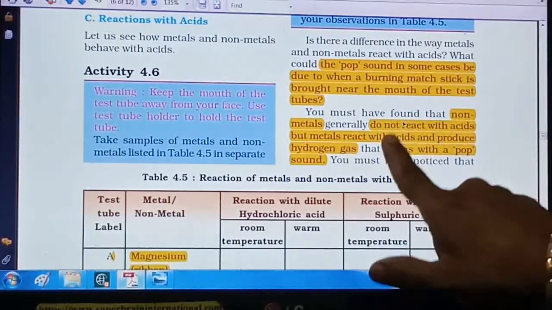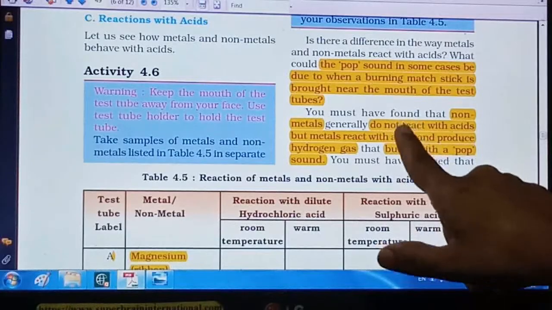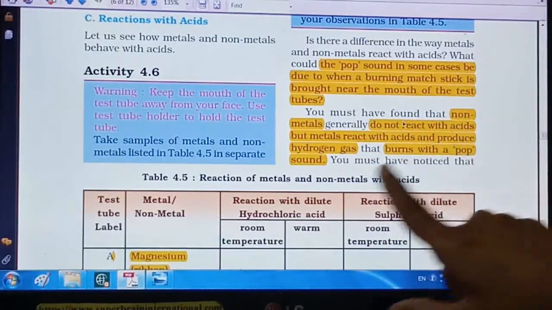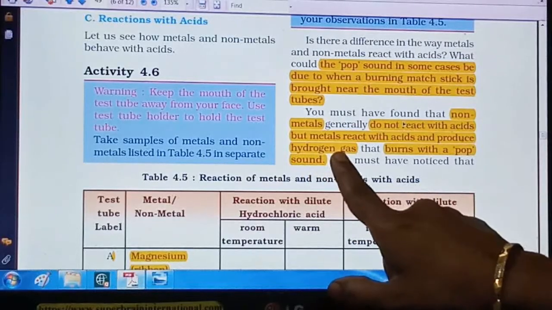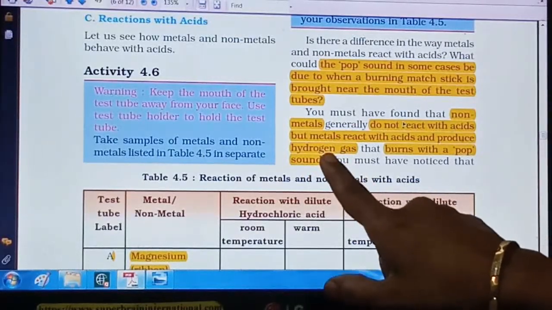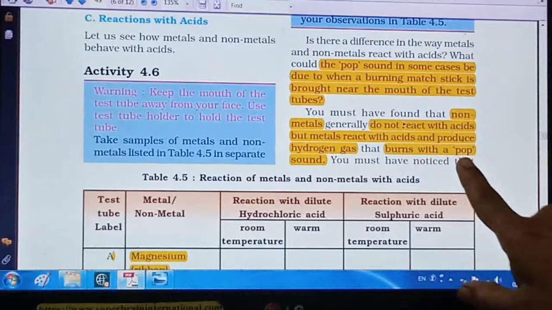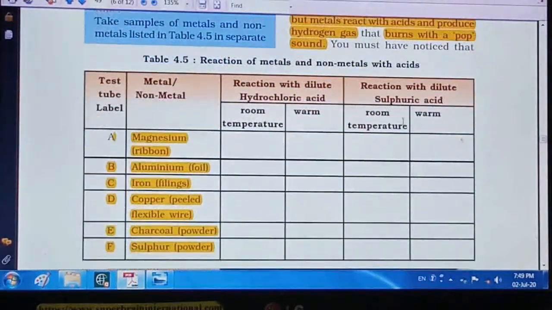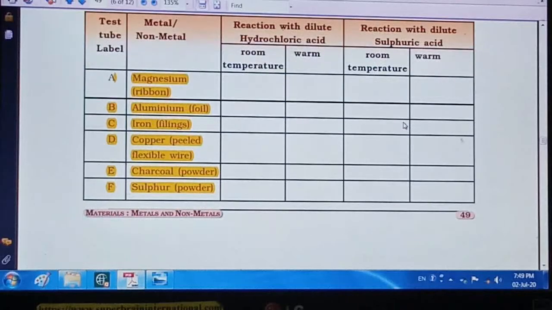No reaction occurs over there. But metals react with the acid and produce hydrogen gas, right? And this is the only gas which burns with a pop sound when we bring the burning matchstick to the mouth of the test tube, right?